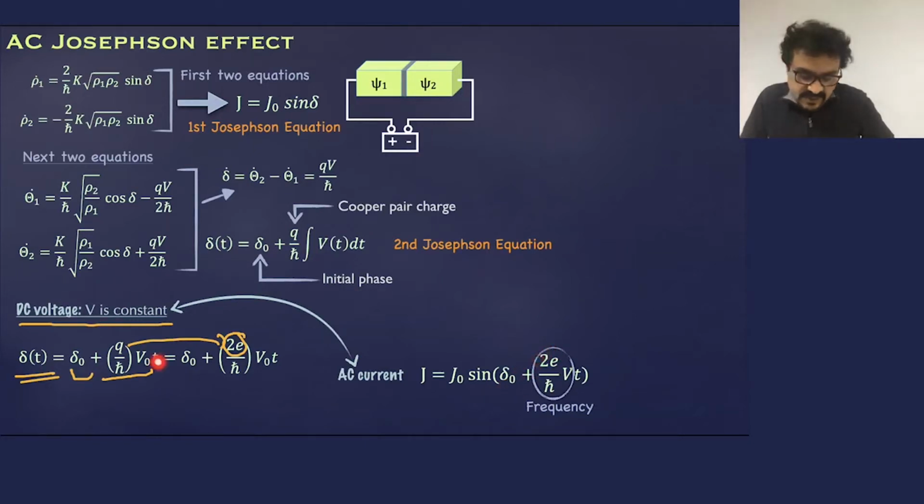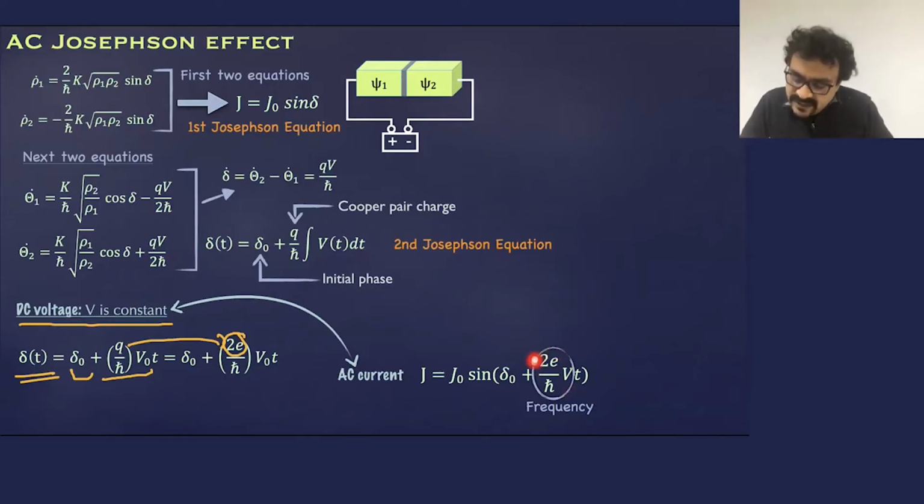So when you substitute this in the first Josephson equation, what we are seeing is the current is oscillatory because you have a delta term inside the sine, the argument of the sine term, which is going to oscillate. The current is going to oscillate over time. Okay, that's what we are seeing.